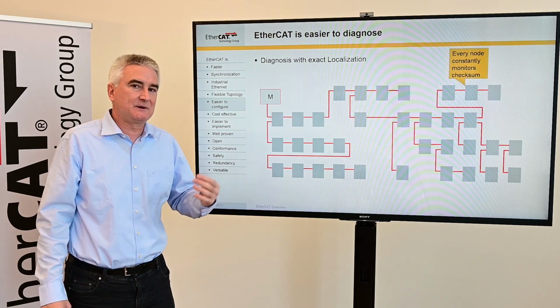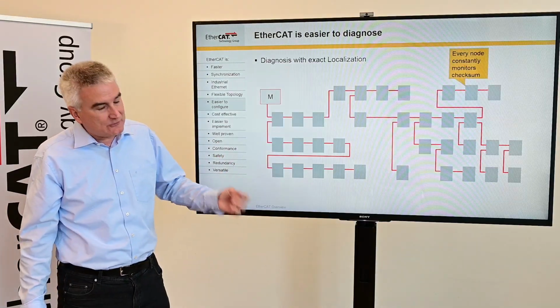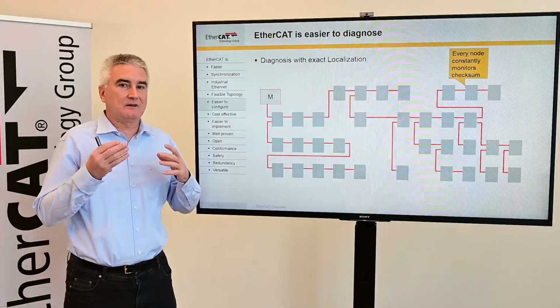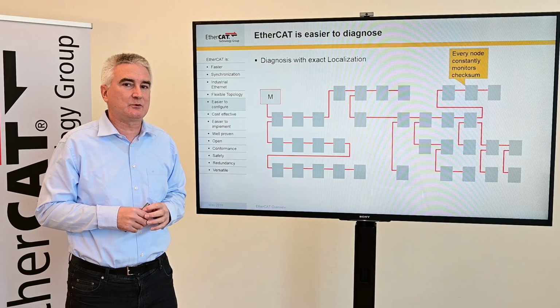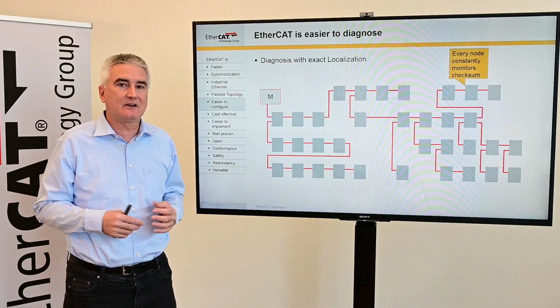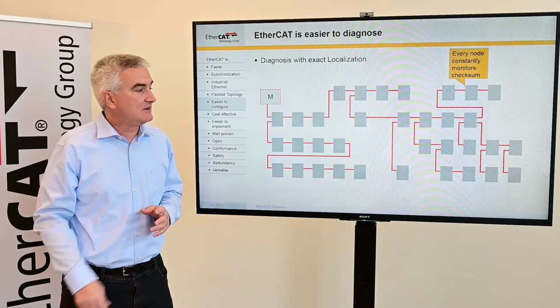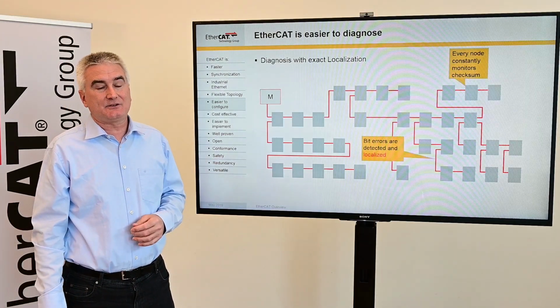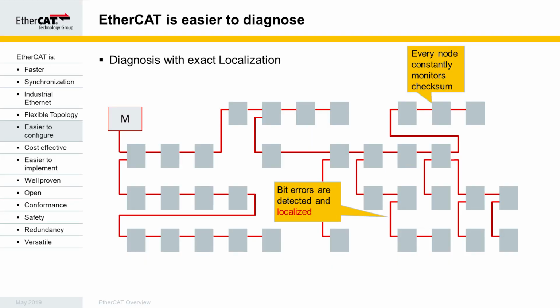And if it detects a bit error, it will not only increment an error counter, but it will change the CRC in such a way that the others know this bit error has been found already. In doing so, we can not only detect bit errors, but we can localize them. Yes, we can localize bit errors. So an EtherCAT master will tell you there's an occasional bit error between node 58 and 59, check the cables there. What a simplification of diagnostics.